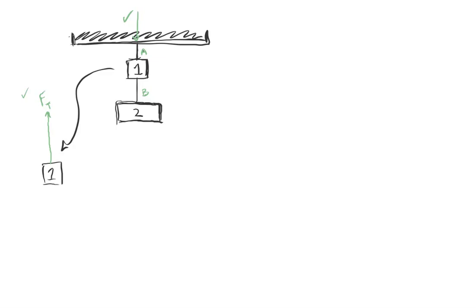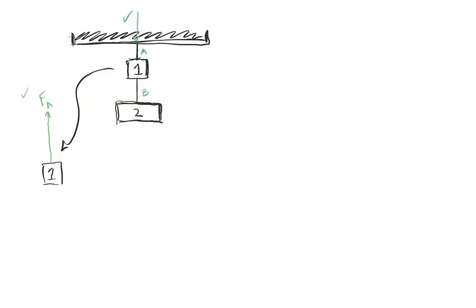But that's not all that's acting on the first object, right? So we have F sub t. Let me actually call it F sub A, just to differentiate it from the other tension, because it has another chunk of rope attached to it. So let's call it A, but this is a tension from the rope.